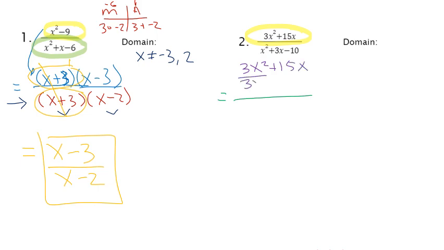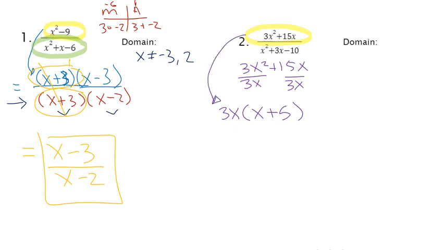We're going to pull out a 3x. So the top part is going to be 3x times (x plus 5).